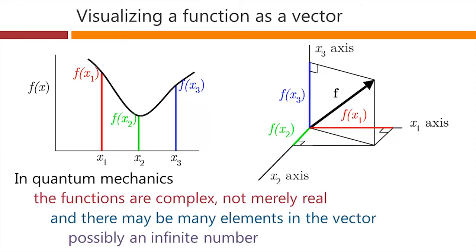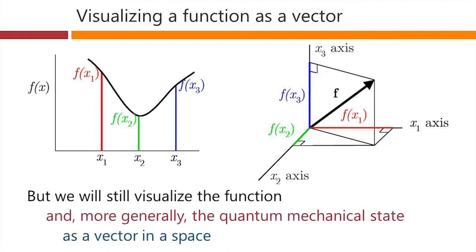We may end up having an infinite number of dimensions, not just three, but we'll still try to visualize, at least in our minds, that maybe we can think of a function as a vector. It's a little difficult to visualize this projection here being a complex number, but we'll still imagine that we might be able to think of a function as a vector in some space that is in some way a generalization of ordinary geometrical space.